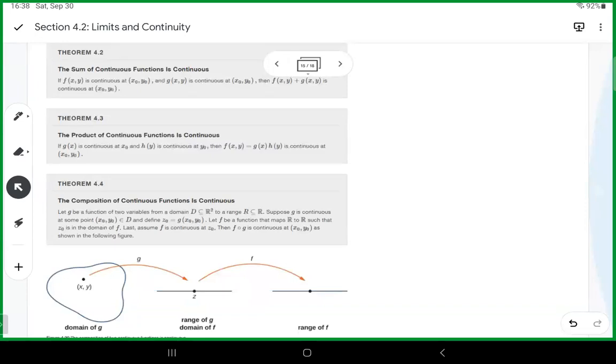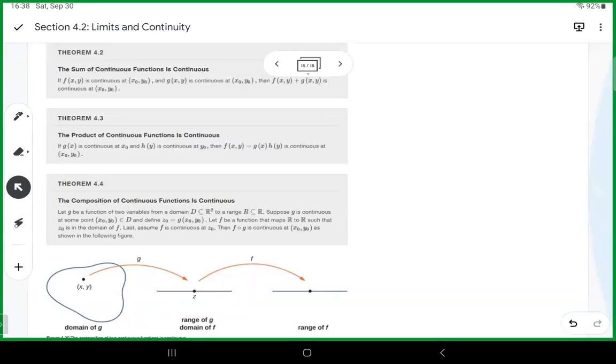If f of x y is continuous at x sub 0, y sub 0, and g of x y is continuous at x sub 0, y sub 0, then f of x y plus g of x y is continuous at the same point. The product of continuous functions is continuous. You can read that one for yourselves. And then lastly, the composition of continuous functions is continuous.